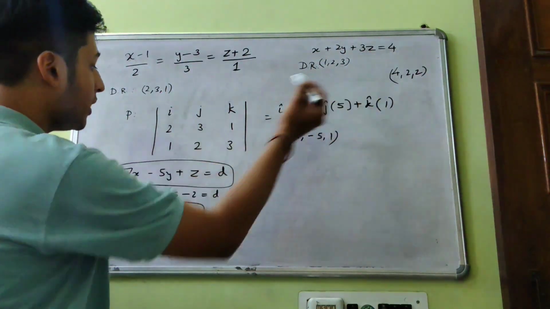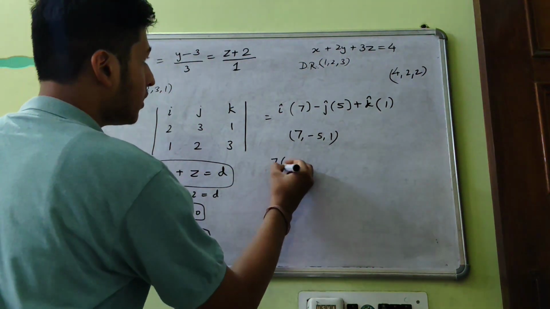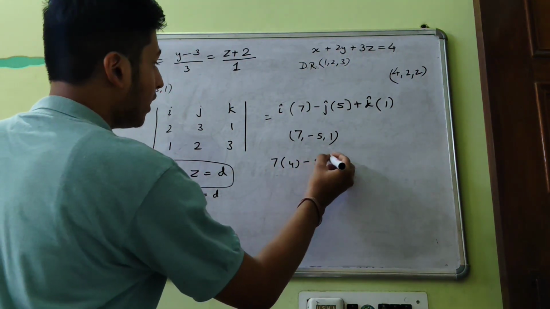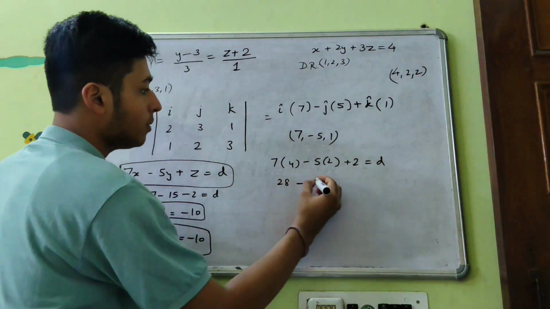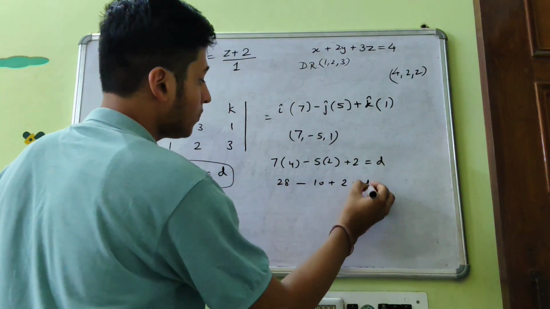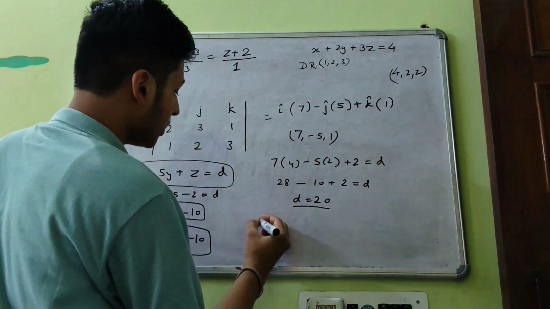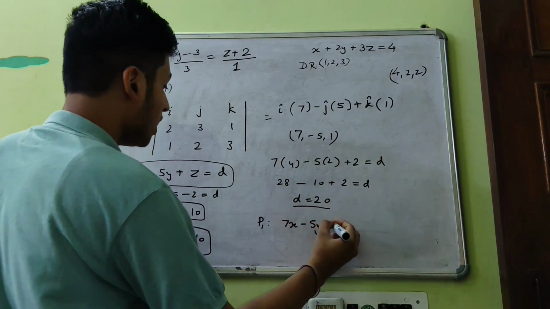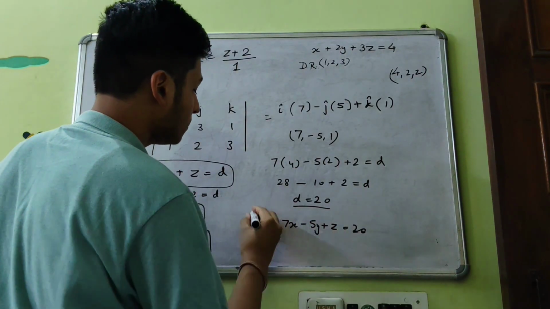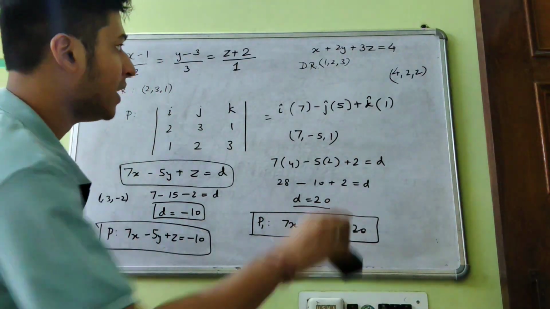By satisfying this point here, we can find the exact equation of plane P1. 7 into 4 minus 5 into 2 plus 2 is d. 28 minus 10 plus 2 is d. So d is 20. So the equation of plane P1 is 7x minus 5y plus z is 20. These are the equations of these planes.